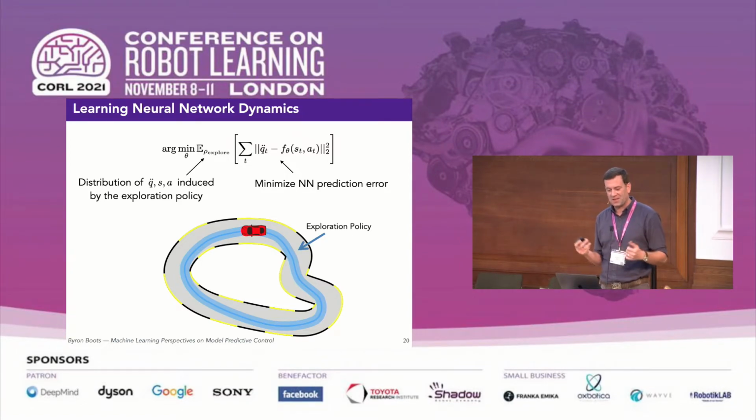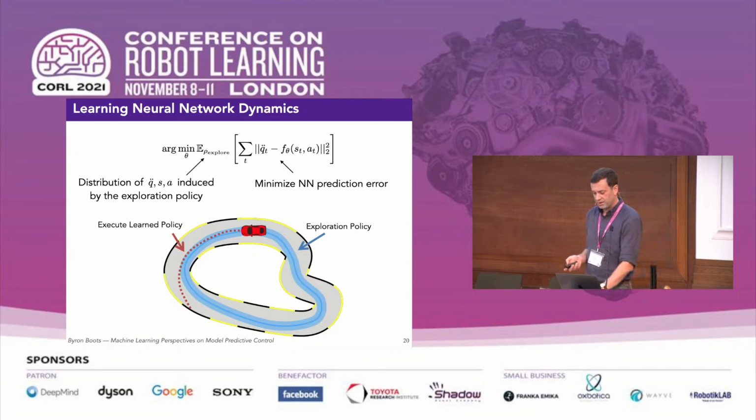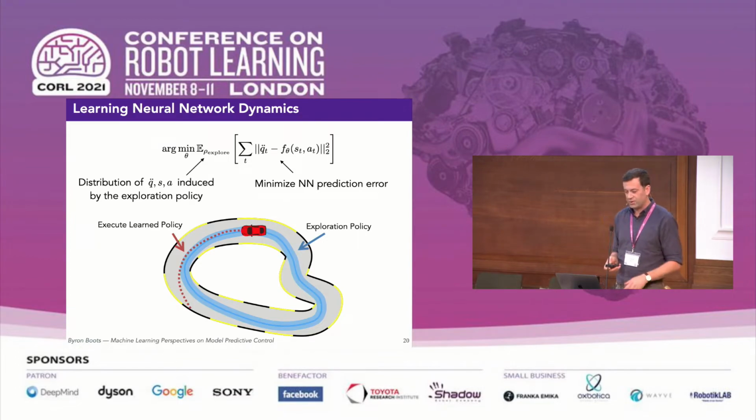And Nando actually talked about something which goes wrong when you try to do something like this a little bit earlier this morning. The problem is that once the dynamics are learned, small errors in the learned function accumulate as MPC is executed. And this results in a trajectory that starts to stray from the demonstrated trajectories.